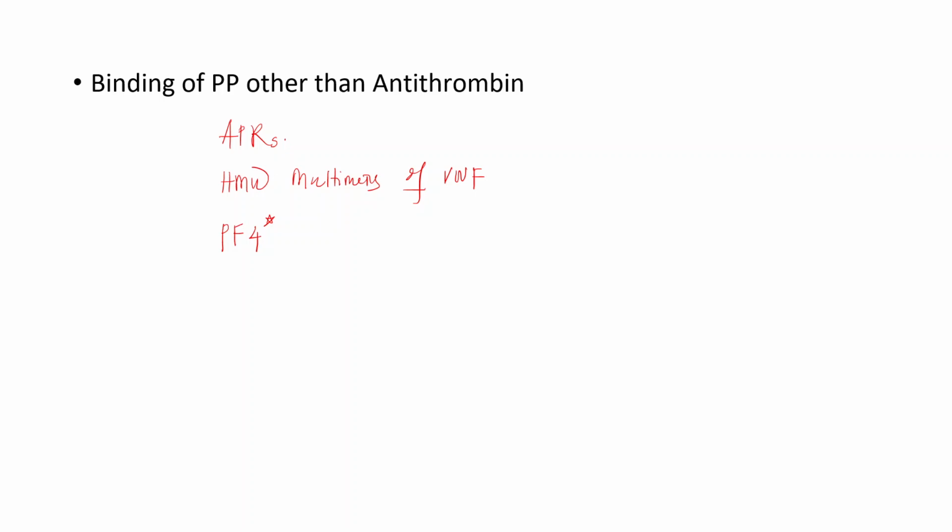Platelet factor 4 is released from the platelet, and because heparin has a very high affinity for this platelet factor 4, this leads to decreased activity of heparin near platelet rich thrombus.